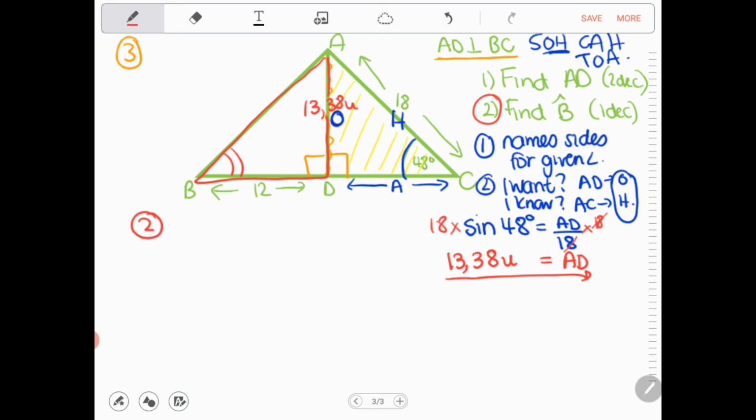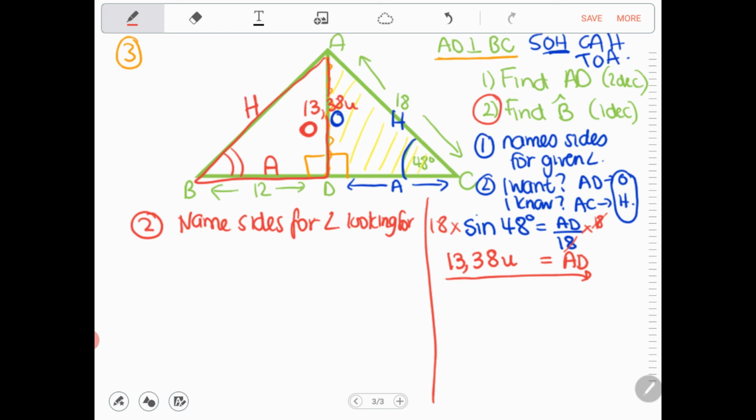That was today's work. So what do we do? Name the sides for the angle you're looking for. I'm looking for B, so this would be the opposite, this would be the adjacent, and this would be the hypotenuse. Then we ask which two sides do we have?